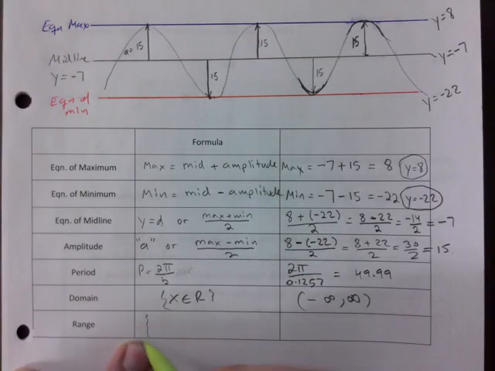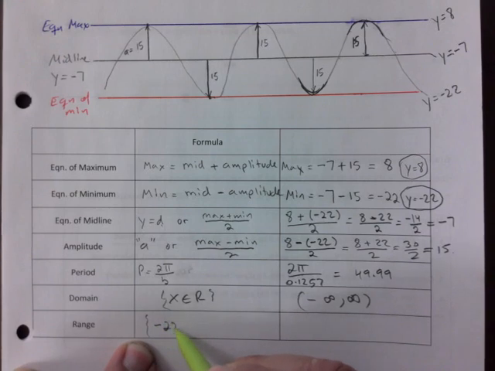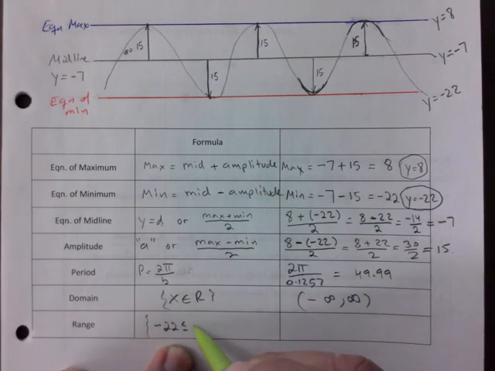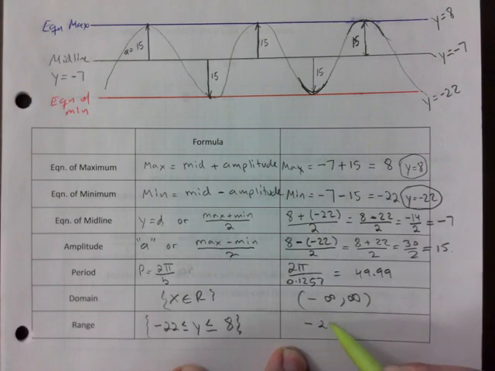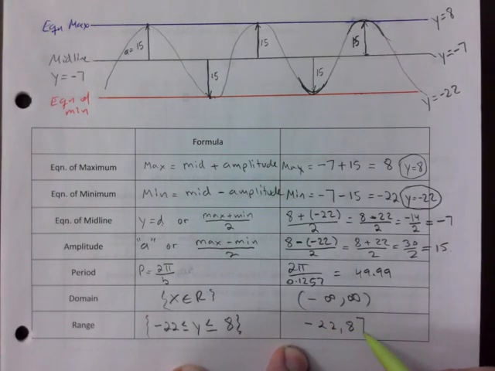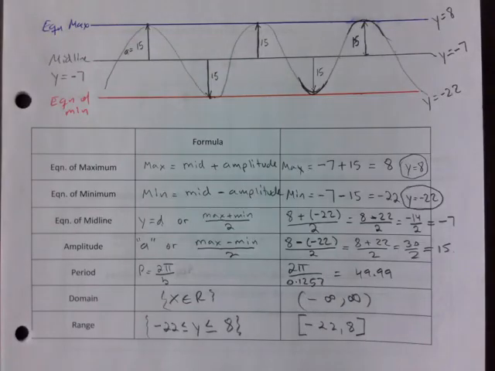We're going from -22, that's the lowest this thing ever gets, and we're talking y value and it's the range, all the way to +8. Or we could go -22 to 8 like this. Just make sure you have square brackets, and that would be our range there.